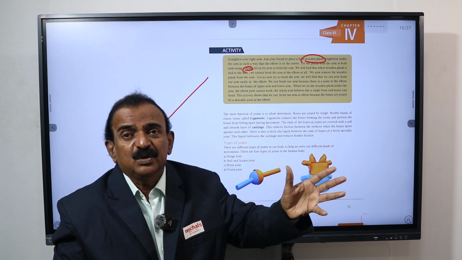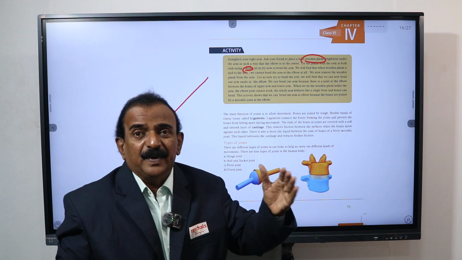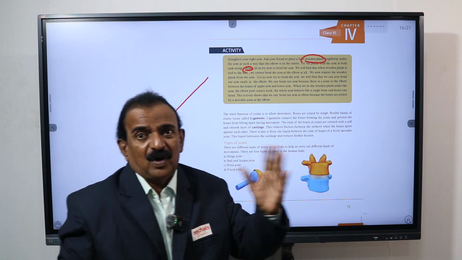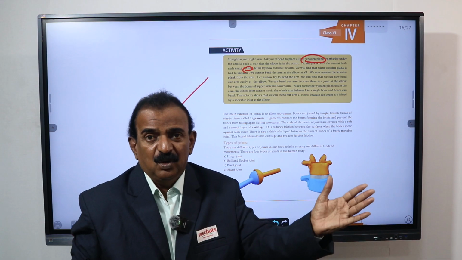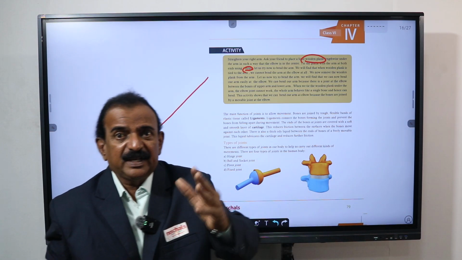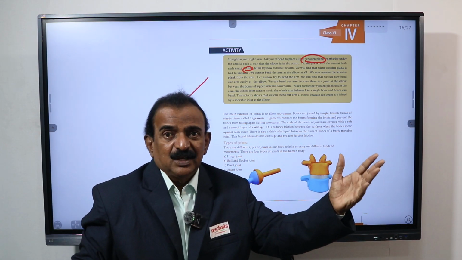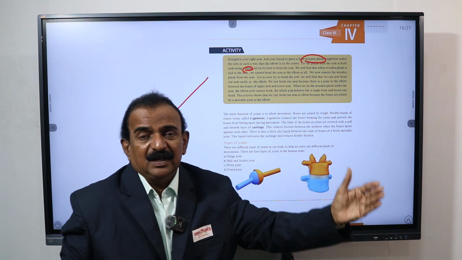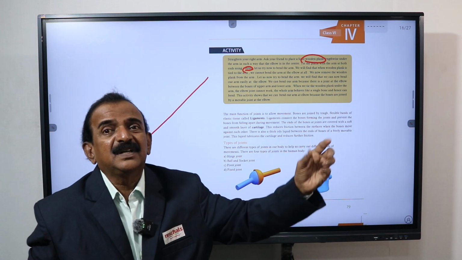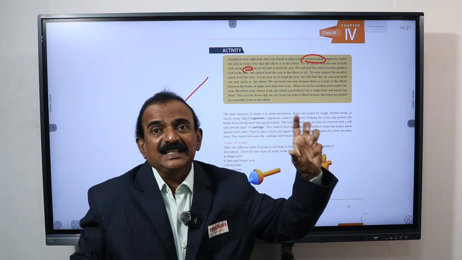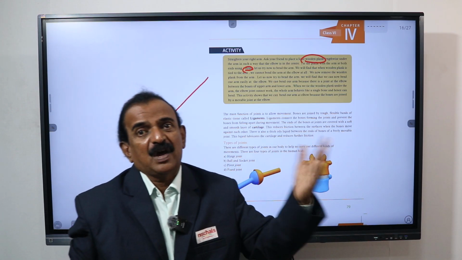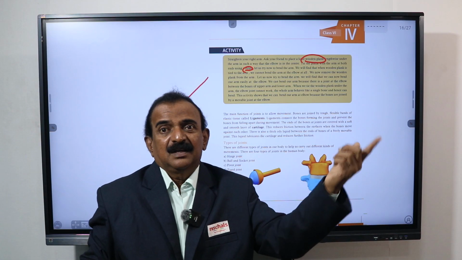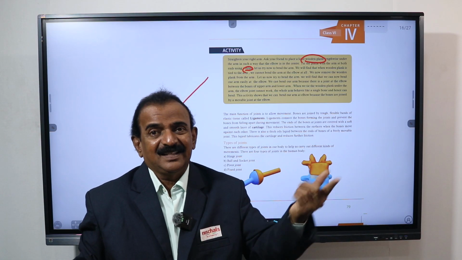If you want to open the door, you can open it one way and close it back, but not rotate it completely. At the door, the hinges make the door move backward and forward, but not rotate completely.